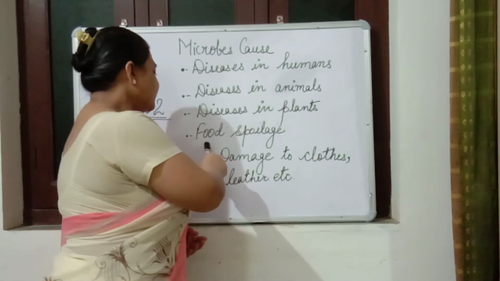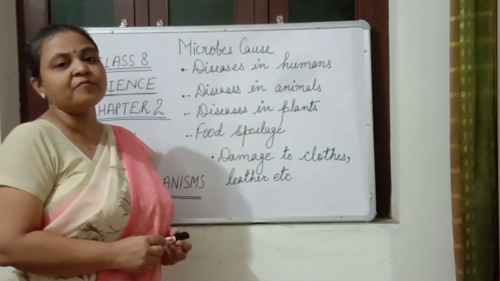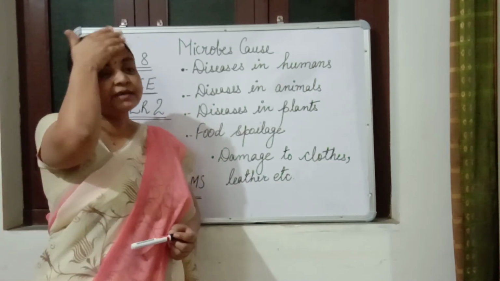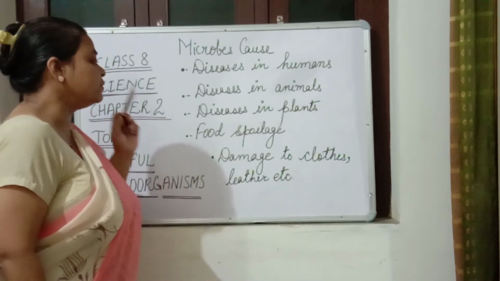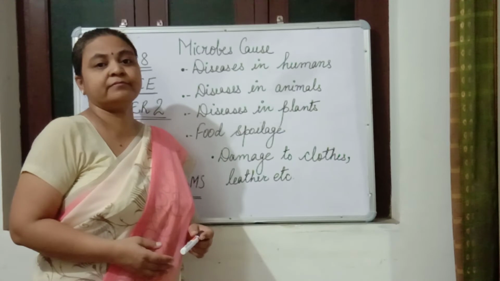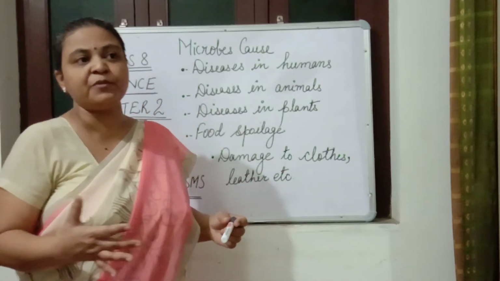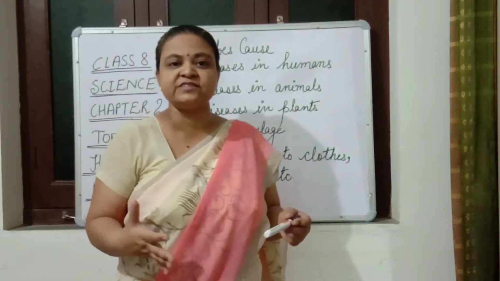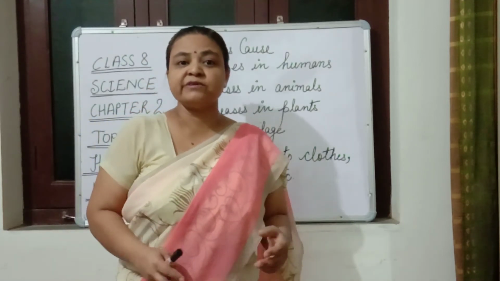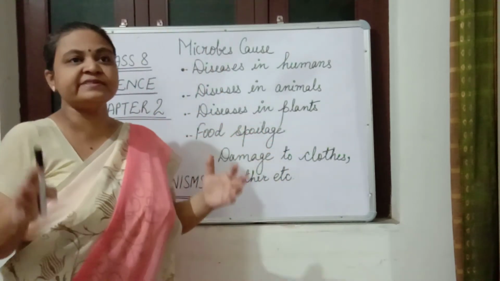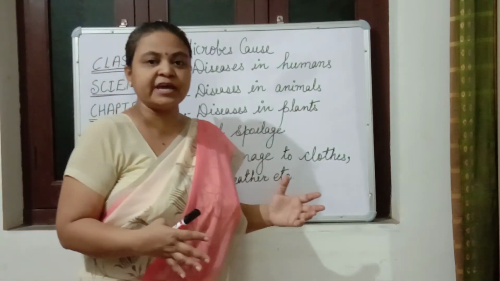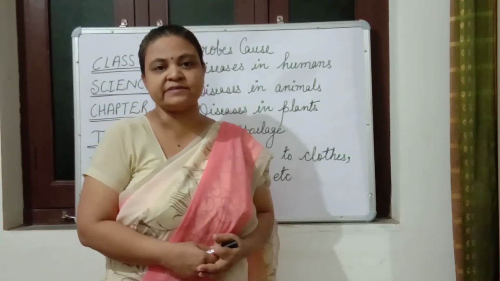Then the next harm which microorganisms cause is food spoilage. Food spoilage is one of the major problems which we are facing. Wastage of food is because of this, because we are not able to preserve the food for a long time due to these microorganisms.